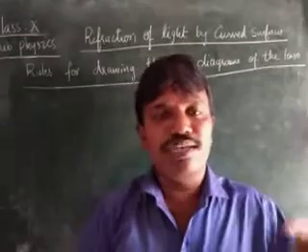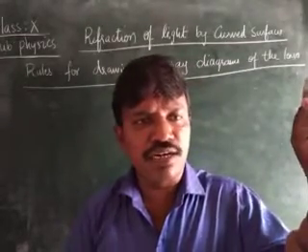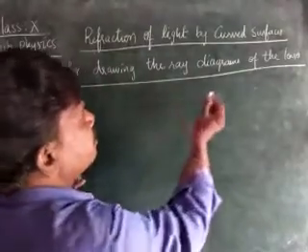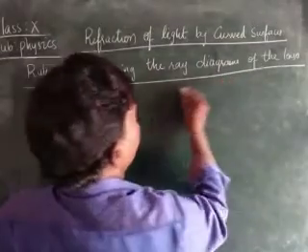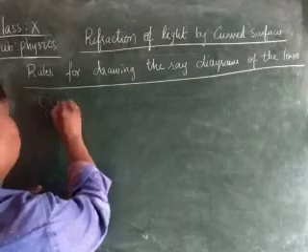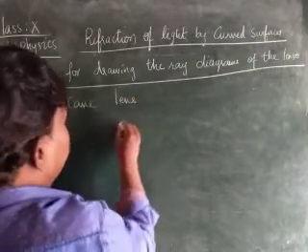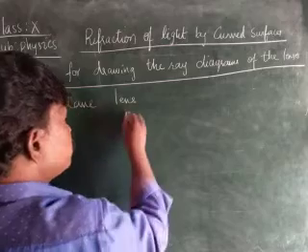Rule 1 says that when the light ray is passing through the principal axis, it is undeviated. But here it is the concave lens. Normally for a concave lens, we draw the figure like this.